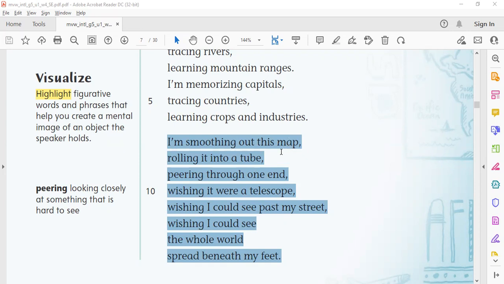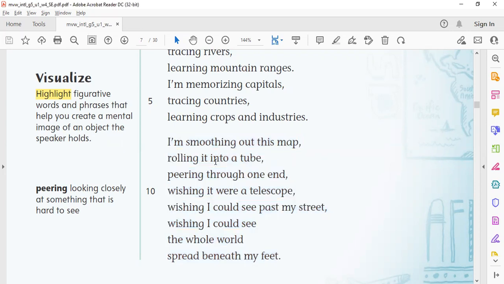It is made of a tube. A map that it was rolled into? A tube. Very good. It was a map that was rolled into a tube. And she wants to see what with it? The whole world. The whole world. Very good.